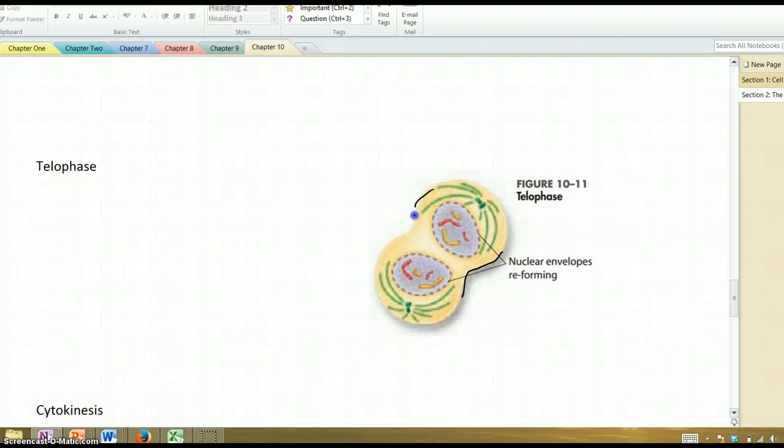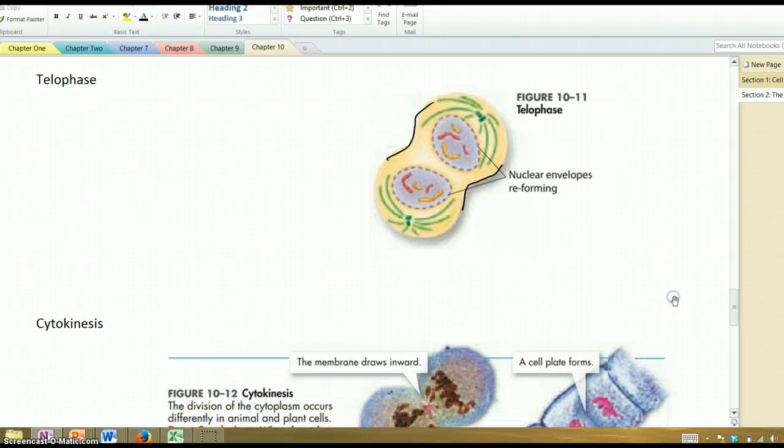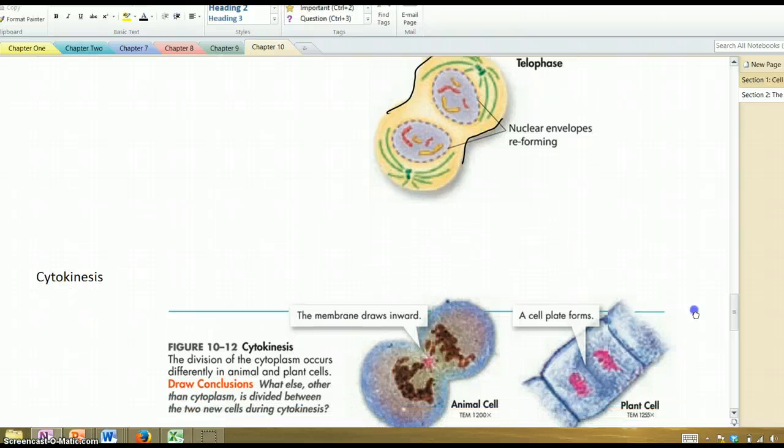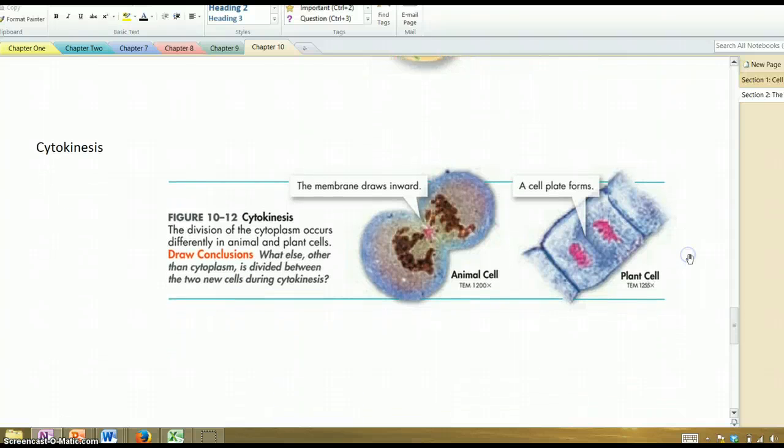Now the cell begins to pinch off, and it's the cytoskeleton that's involved with helping to manipulate that membrane. Remember the cytoskeleton when we talked about cell structure? So the cytoskeleton begins to sort of split the cell in two, and that's cytokinesis.